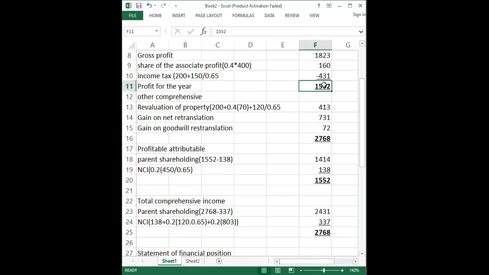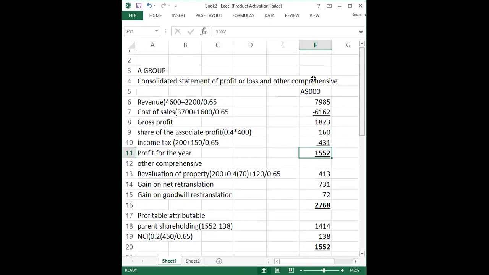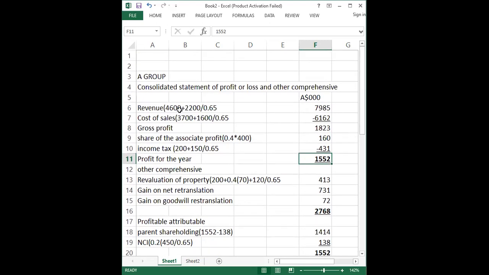Why is it that this 1552, we couldn't share it between them as of their percentage holdings, like the 80-20? We consolidate two accounts. It's two accounts that we added together before we get this profit.